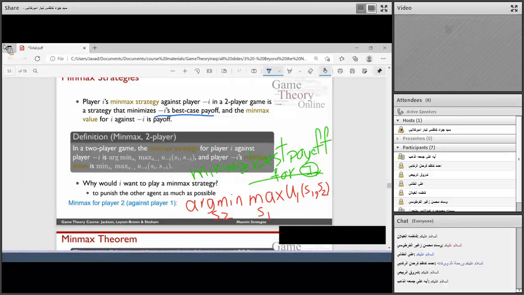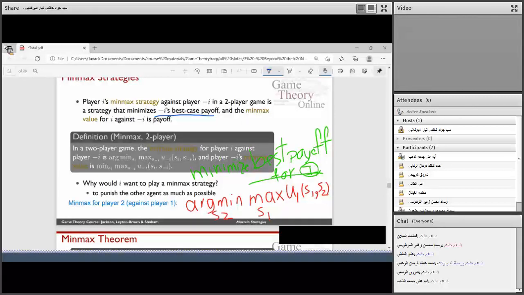This is the definition. Minimax for player 2 against player 1 is that you first search over all the actions that maximize player 1's payoff, and then go after the actions by player 2 that minimize that. All right, so that's the definition of min-max.